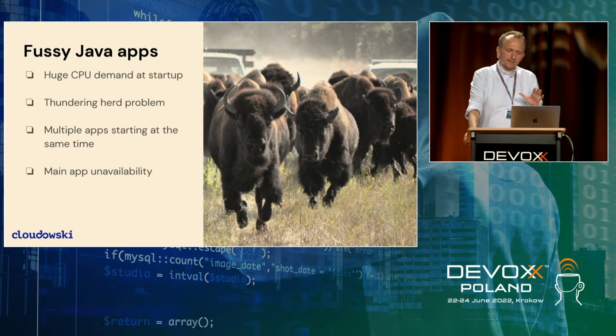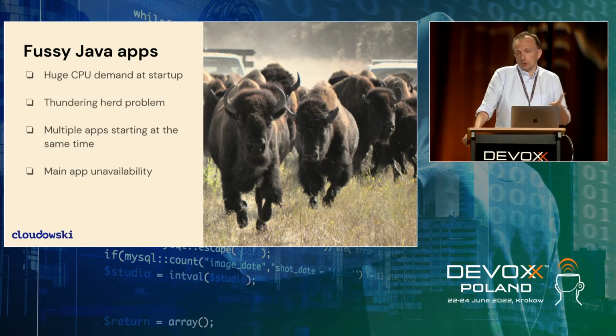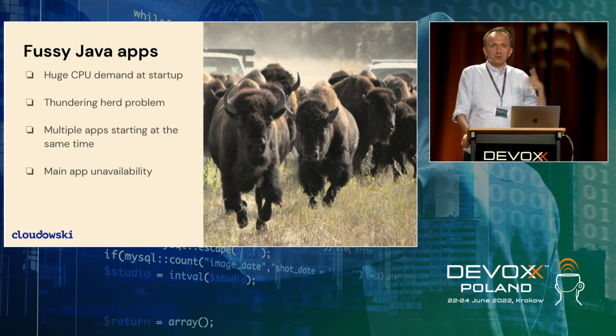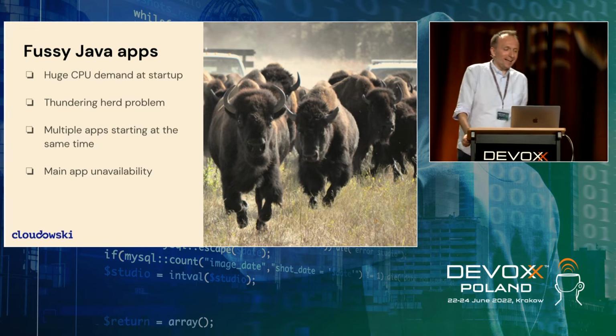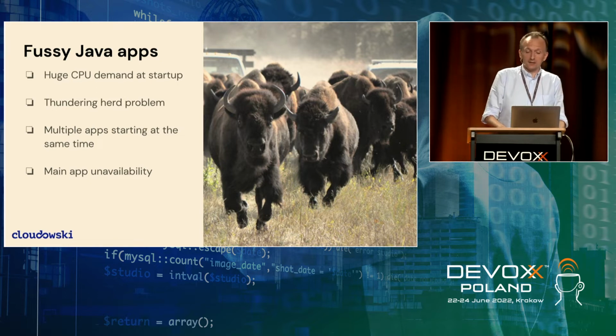It often happens when multiple apps start at the same time on particular nodes of the cluster. So this was actually our main problem. From time to time, our nodes, for some reason, experience a lot of Java apps starting and initializing, and that was our problem.